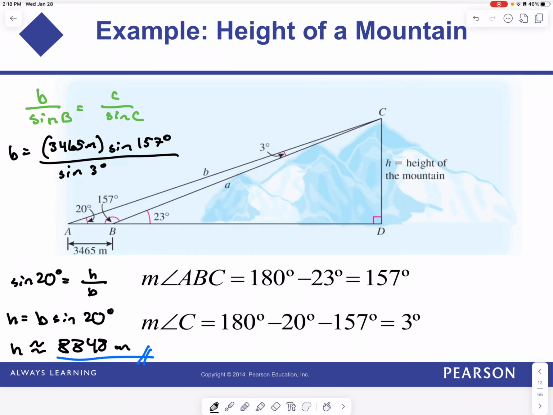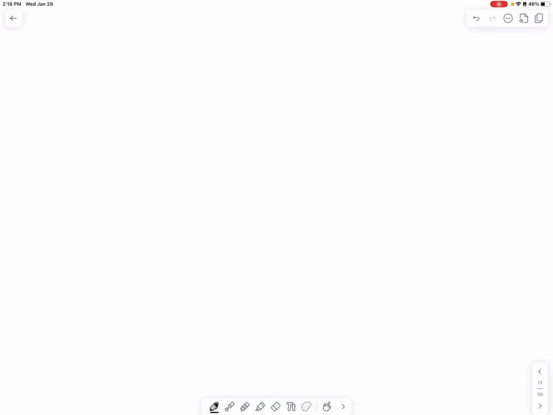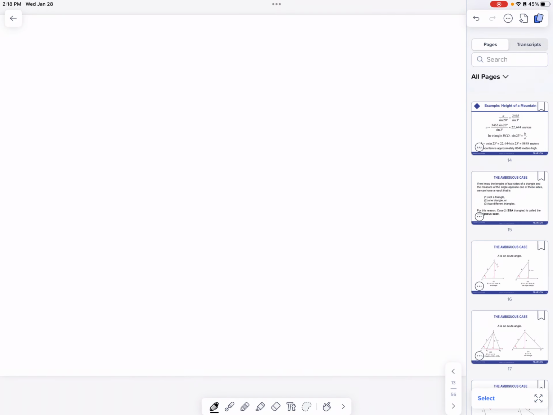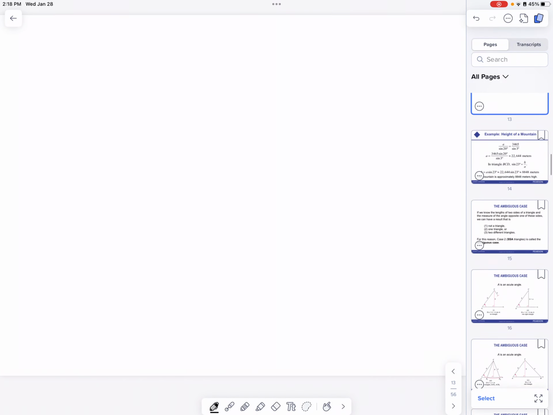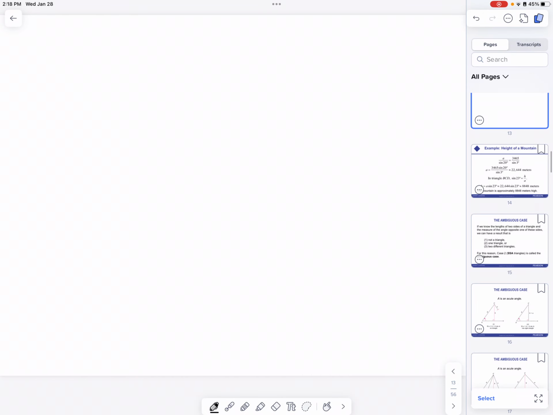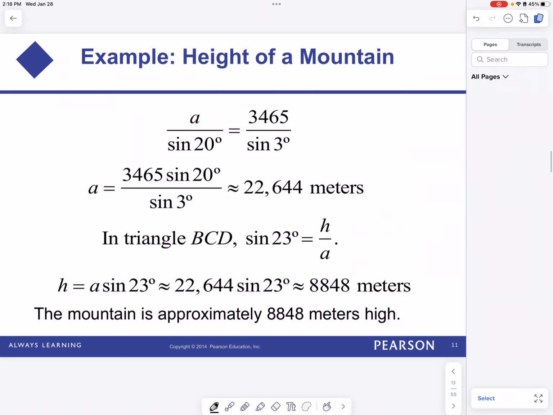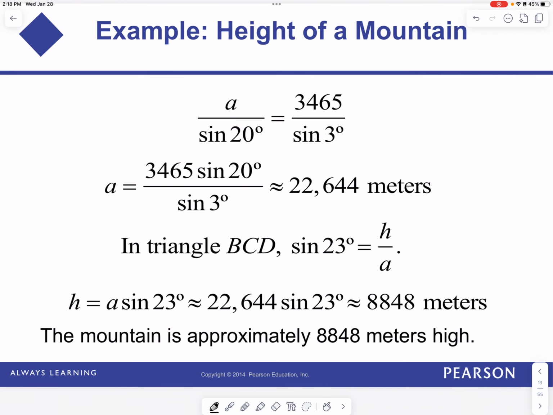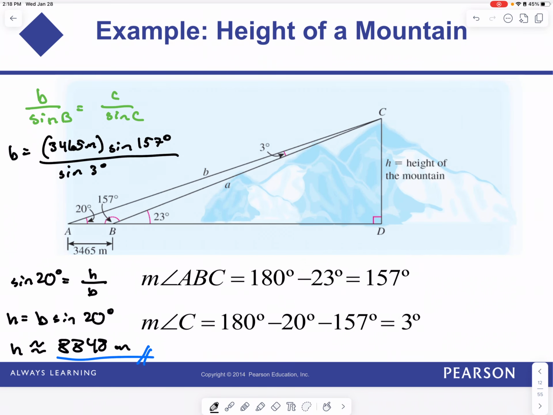I guess I can delete this page since we used the previous one. Okay. Oh, maybe that was a hypotenuse.